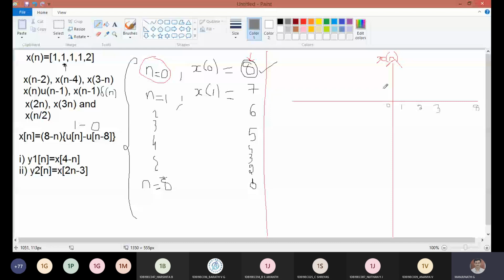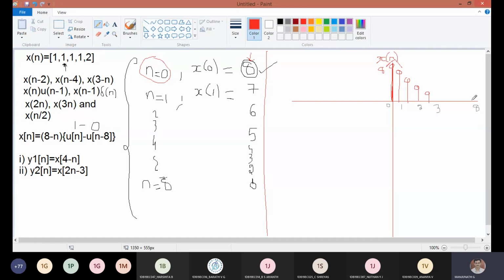Then for 2, it looks like this. So keep writing the samples, and keep dipping, it will go down, and at 8 you will get 0. It will be a drastic decrease. Like this, you will get a ramp.